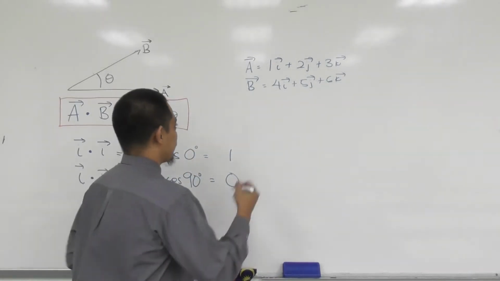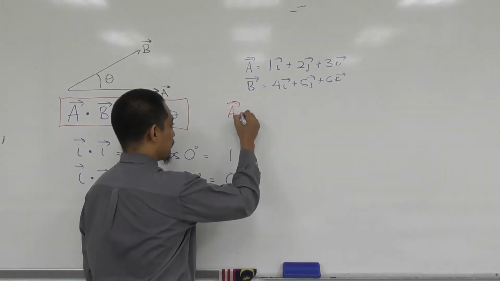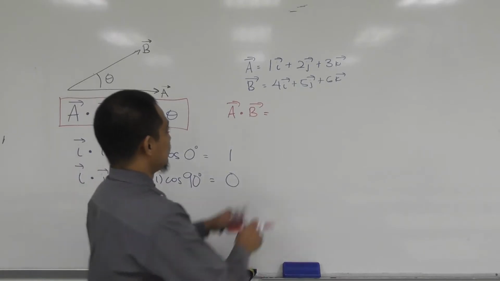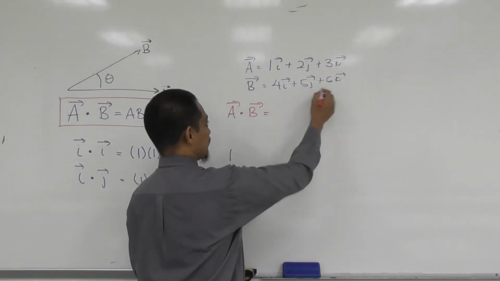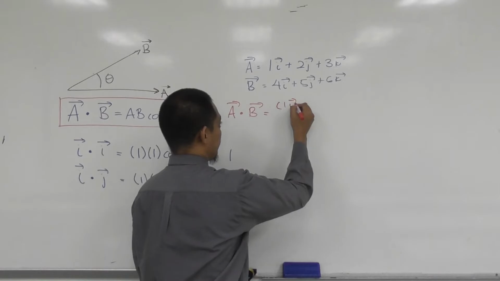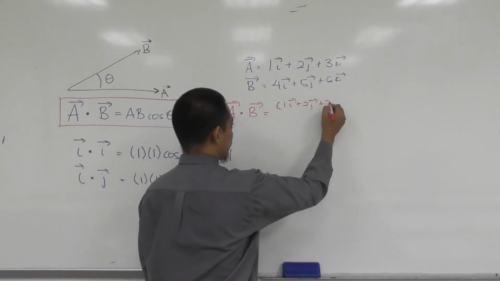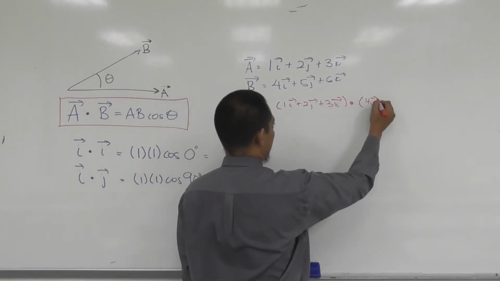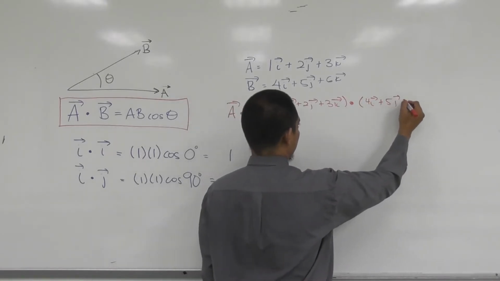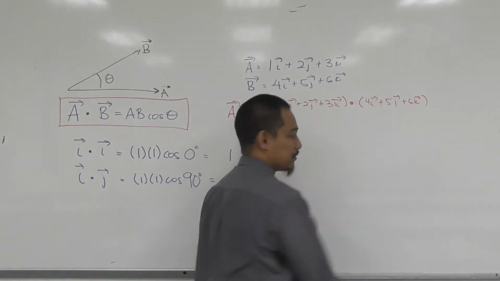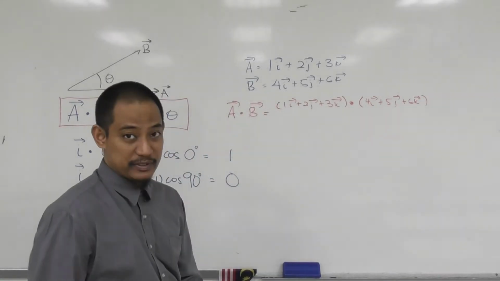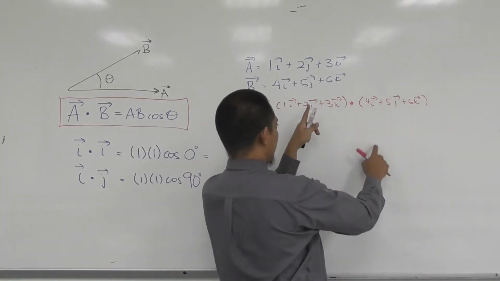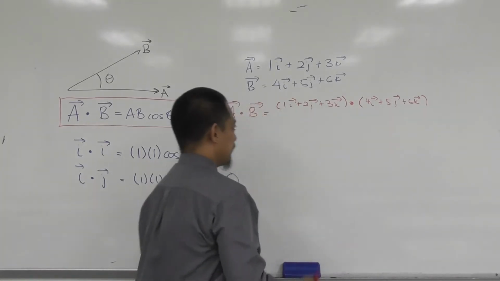Now, if we have A dot B, what you have to do is basically this whole thing dot this whole thing, for example, 1i plus 2j plus 3k dot 4i plus 5j plus 6k, right? So the normal operation is like this. This and this, this and this, this and this, and then this and this, etc.